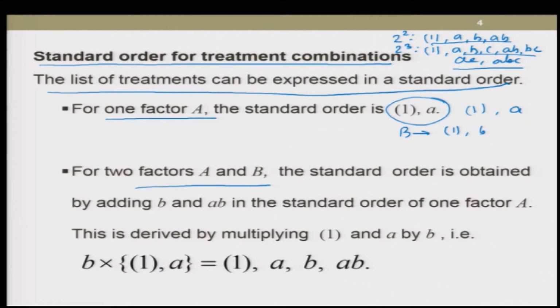In case you want to obtain the standard order for the 2 factors, the rule is this: you start with the first factor, and then go alphabetically. The first factor according to the alphabet is A, whose standard order is given by 1, A.